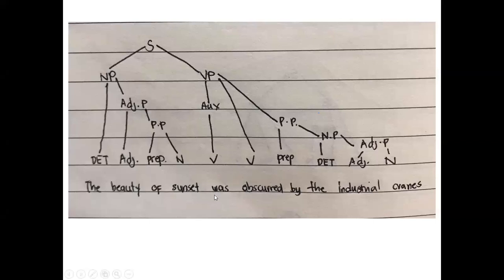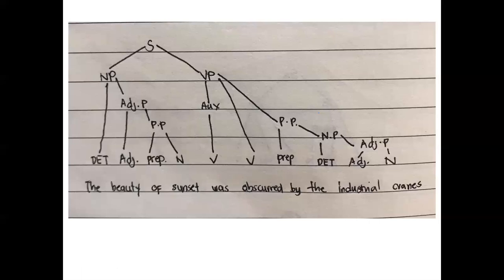And here, this is an auxiliary actually, because it links the beauty of sunset between the predicate and the subject. Some other students consider this a verb, but I will consider it an auxiliary. It's okay. Next, obscured. Obscured is another verb. We cannot add verb plus verb to become a verb phrase. That is really bad.